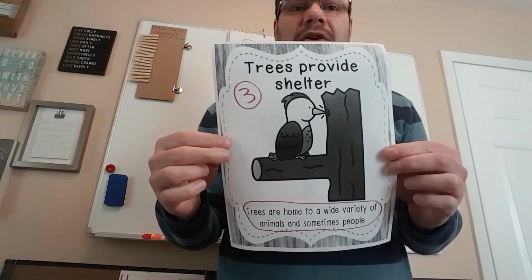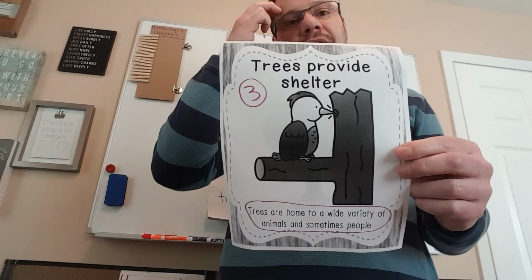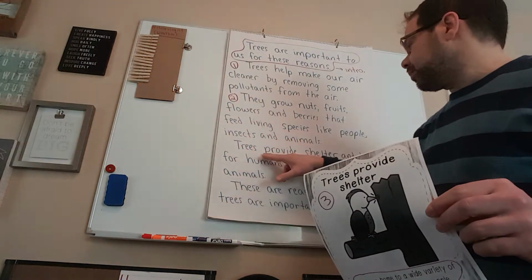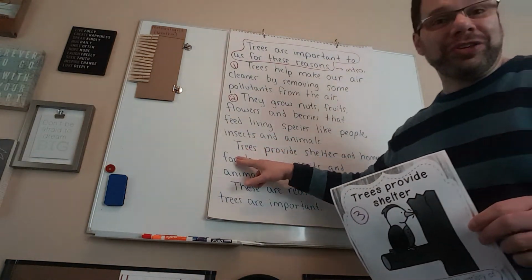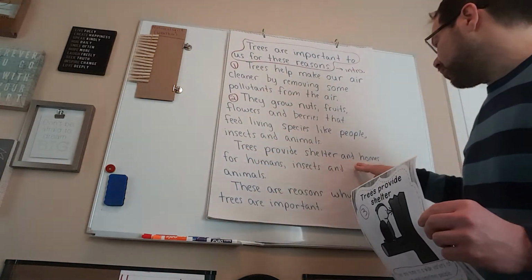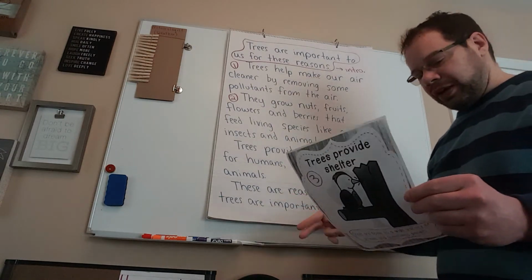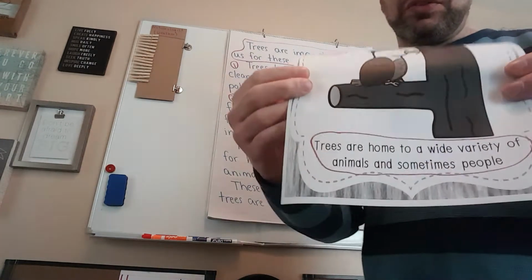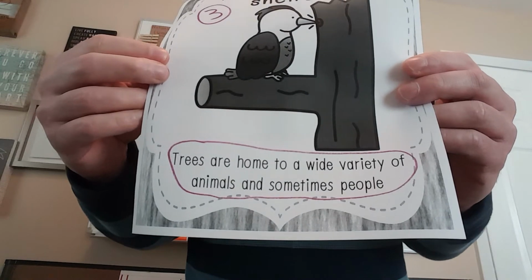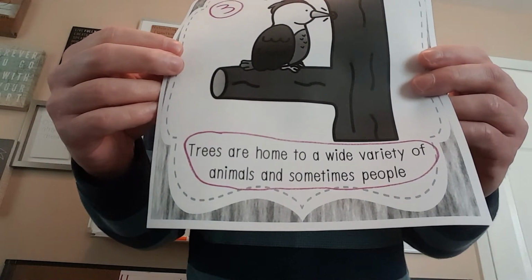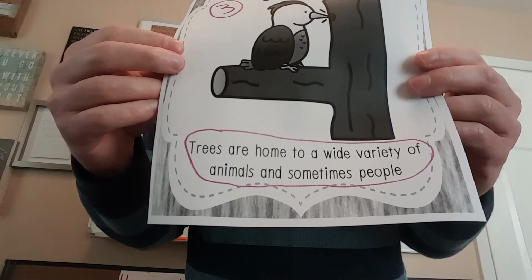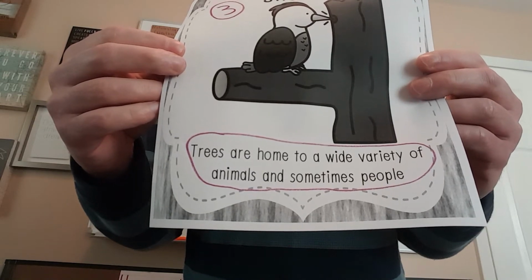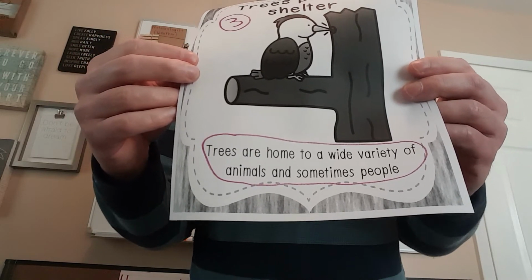Trees provide shelter. Now, that could have been part of my sentence here. Actually it is. Trees provide shelter and homes for humans, insects, and animals. And you see right here, that was worded differently: trees are homes to a wide variety of animals and sometimes people.